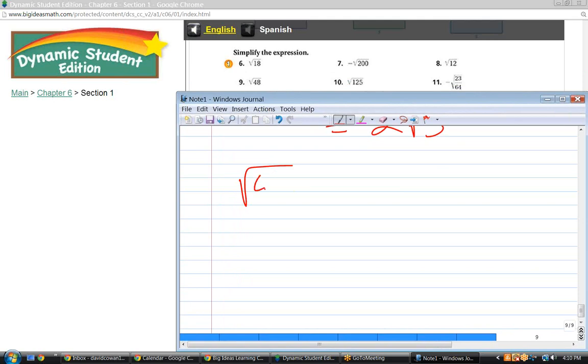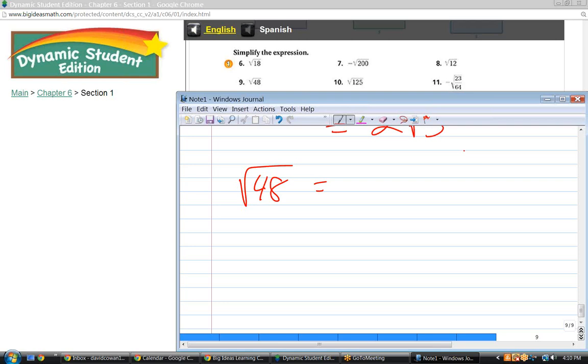So what is root 48? Square root of 48 is, well, it would just be... The best way to do these is to memorize what your perfect square numbers are.